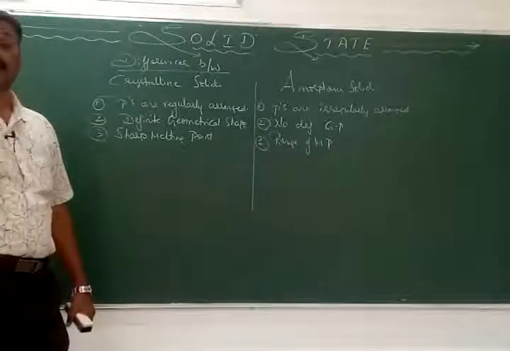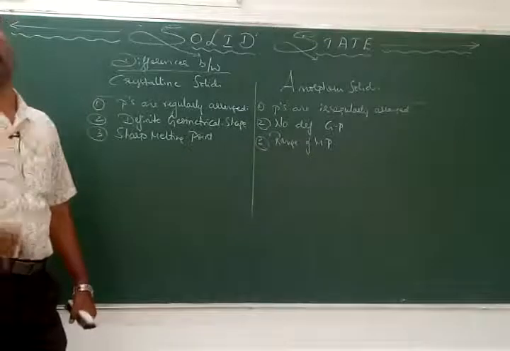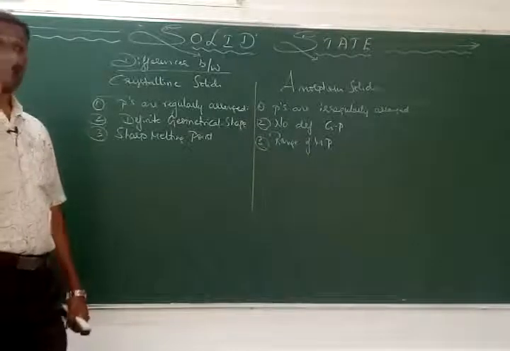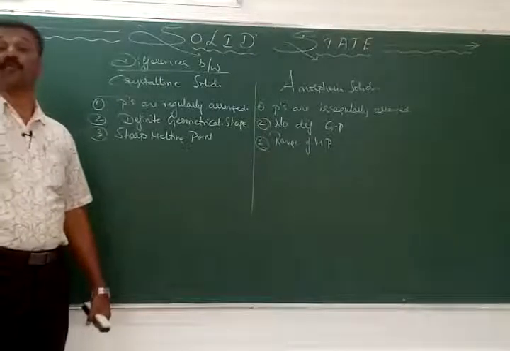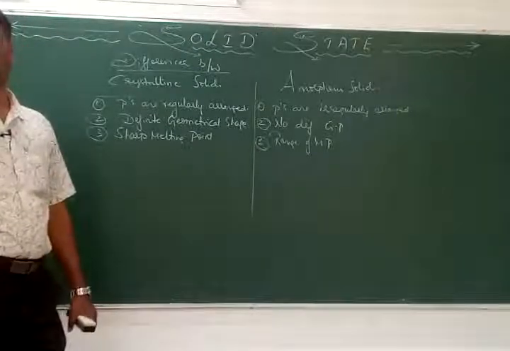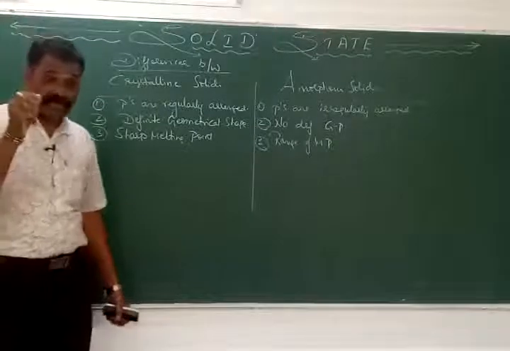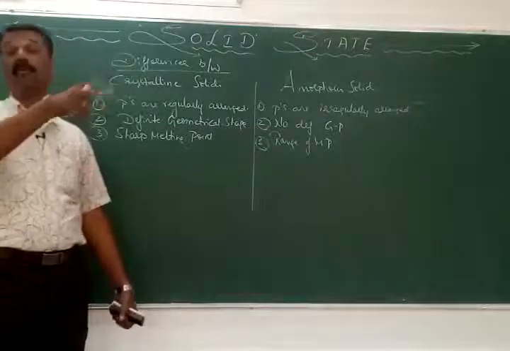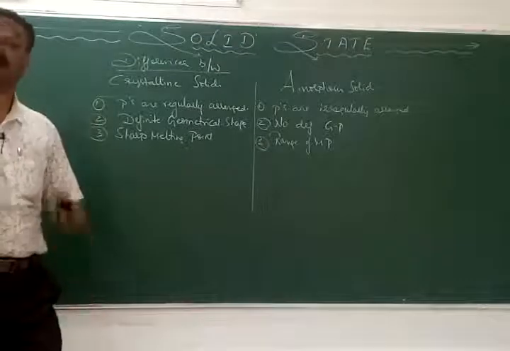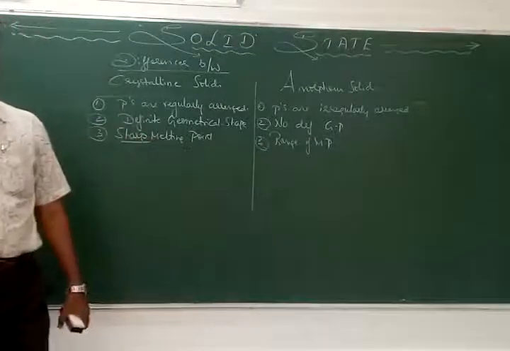All the bond distances are found to be the same, indirectly the bond length we are also calling. So the bond length between two adjacent particles in crystalline solids are found to be equidistant. The temperature required to break that particular bond is found to be equal in all the cases. That is why we are expecting the sharp melting point.